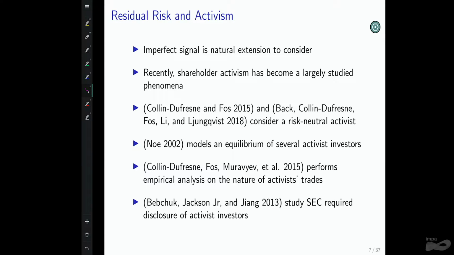So there's some regulation by the SEC that dictates if you become a large enough shareholder in a firm, you have to actually reveal, one, that you are a large shareholder, and two, you have to identify all of your trades for the previous 60 days. Okay, so this basically creates a data set, and you can start to study some empirical features of activism.